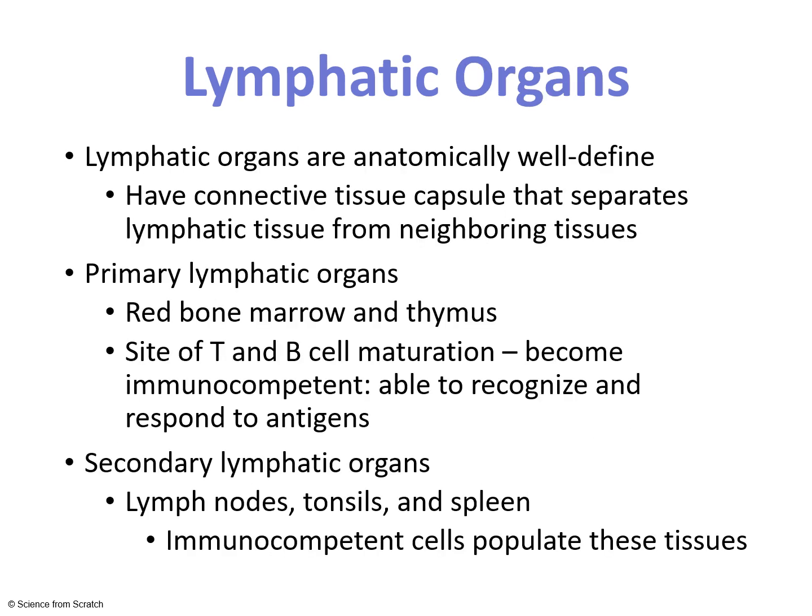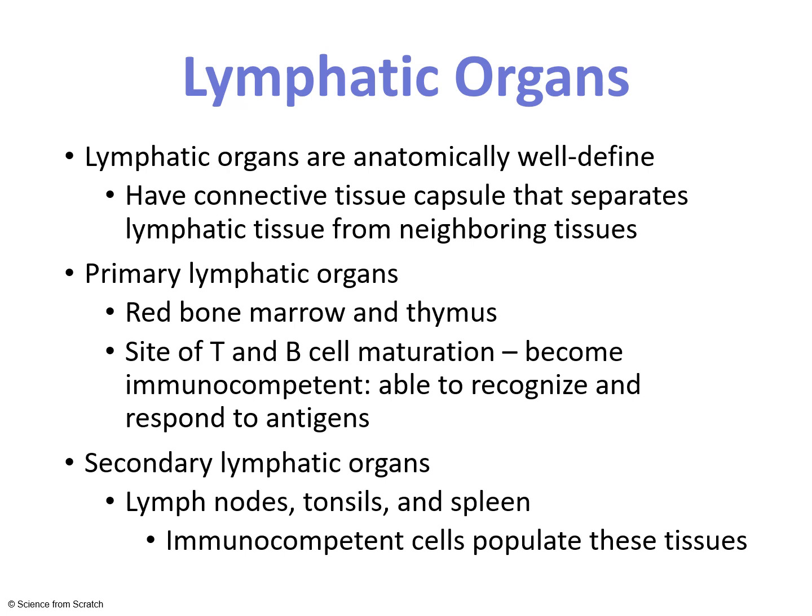So now we have more clear anatomical and well-defined structure, and now it's starting to look like a real organ. And so we have two main types. We have a primary lymphatic organ, which is going to be where these cells are made and grow.